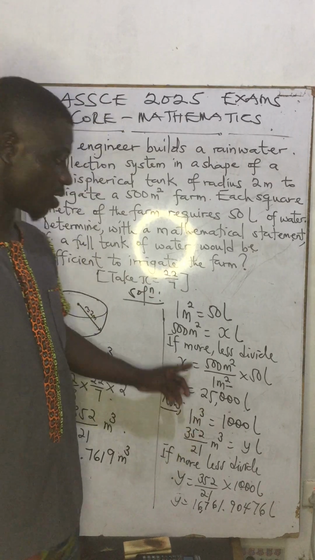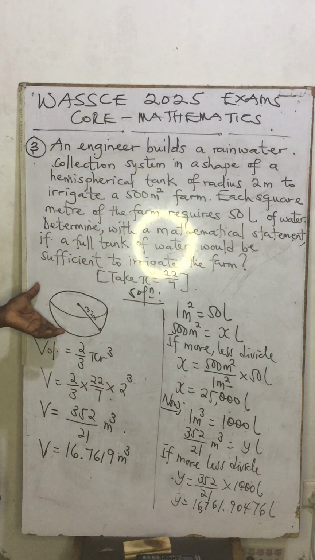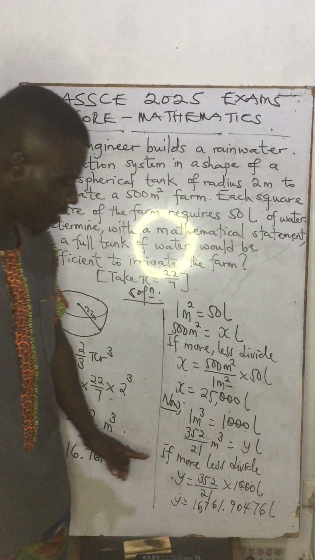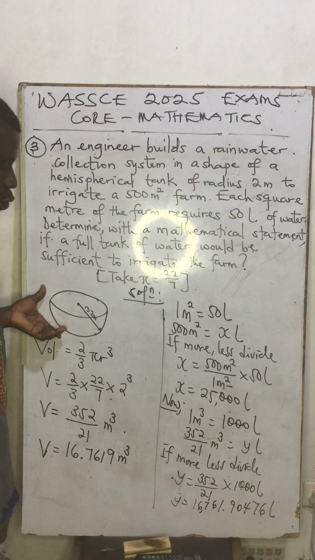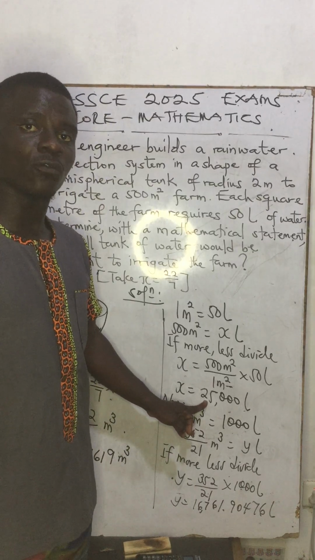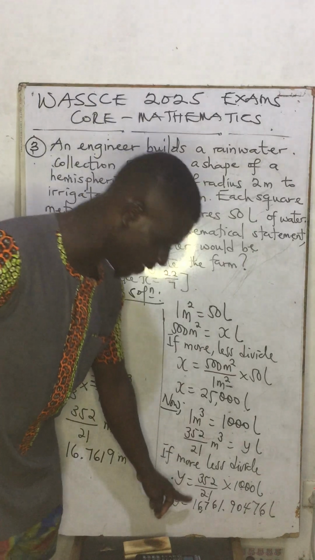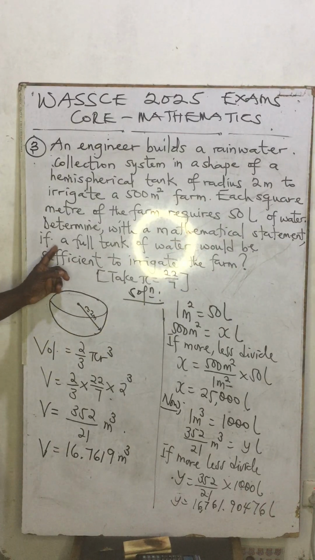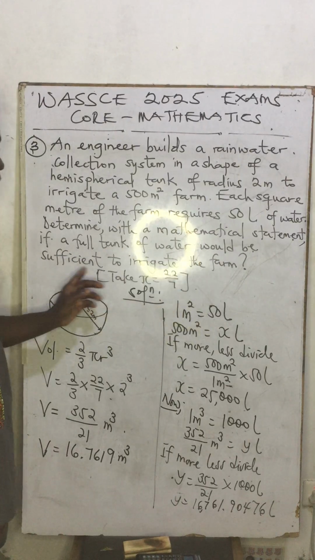Now the amount of water this hemisphere can hold is 16,761 liters. Since this is less than the volume of water we require to irrigate the farm, which is 25,000, then it won't be sufficient, because they said to determine with a mathematical statement if a full tank of water will be sufficient.